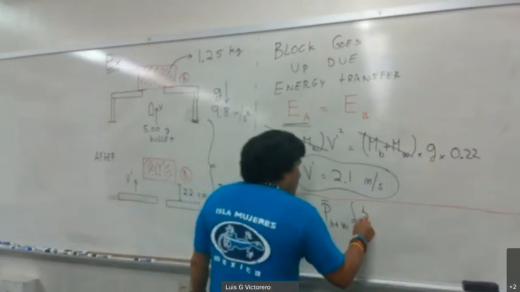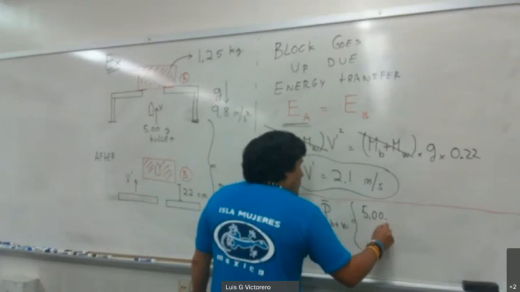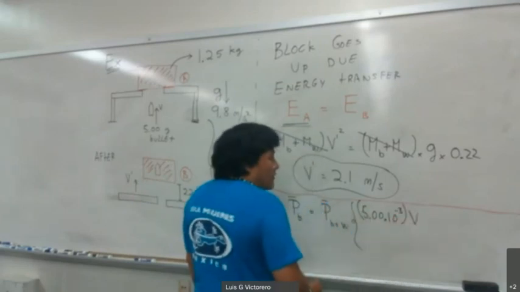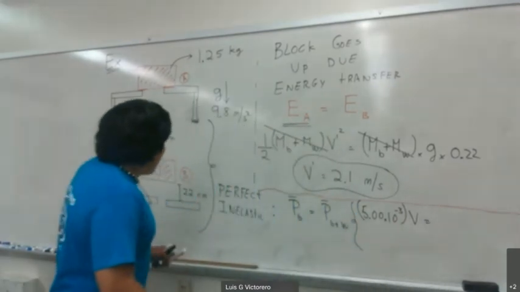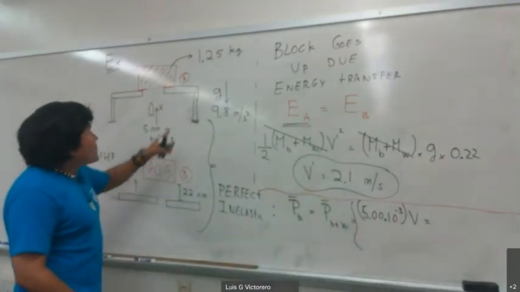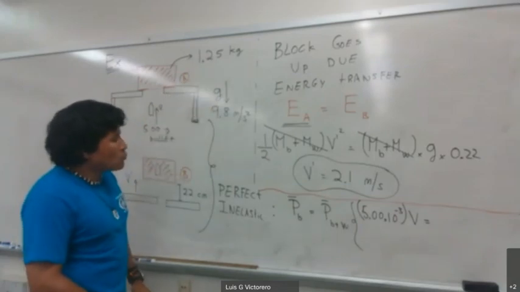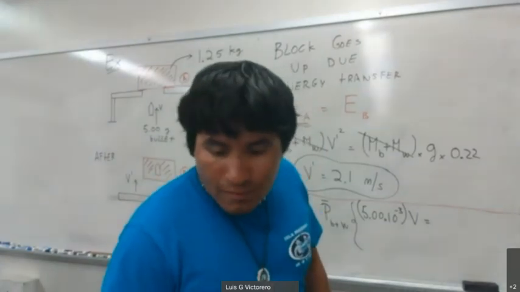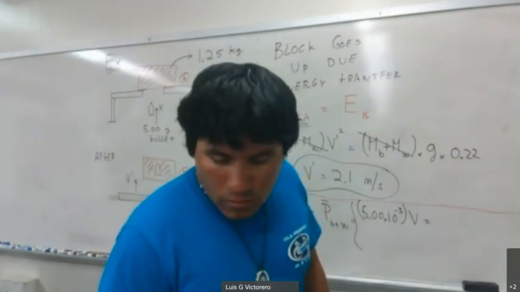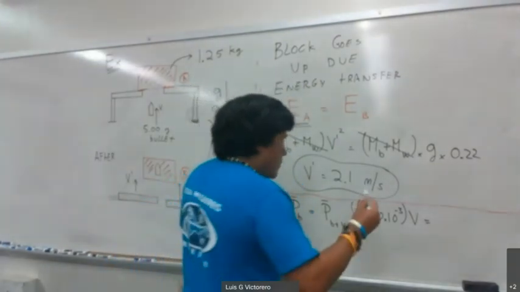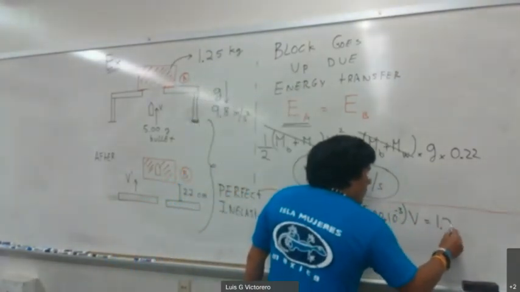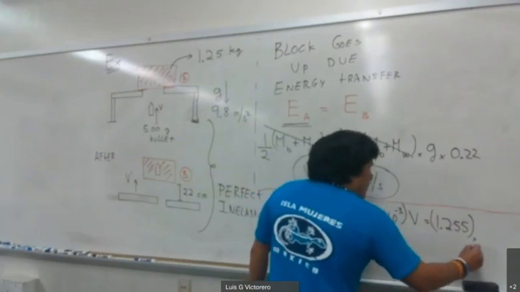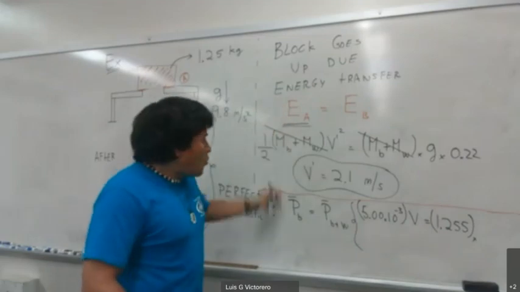Mass of the bullet in kilograms times the speed of the bullet is equal to mass of the bullet plus mass of the wooden block times the velocity after the collision, which is 2.1.